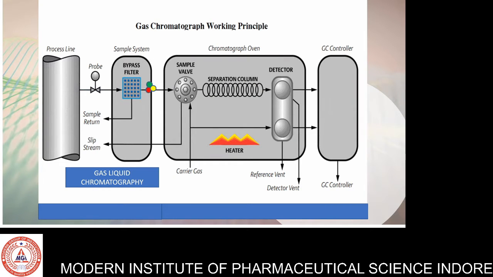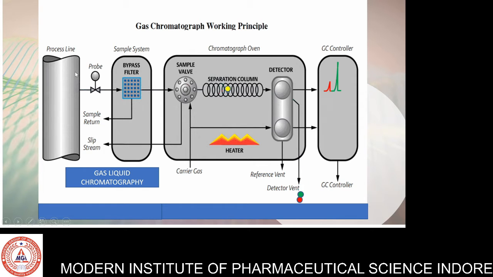So, how does the gas chromatographic system work? These all are components which are attached to the chromatograph system: process line, probe, sample return, sample stream, sample system, chromatographic ovens, sample valve, separating column, detectors, GC.